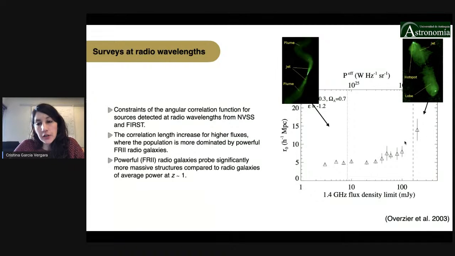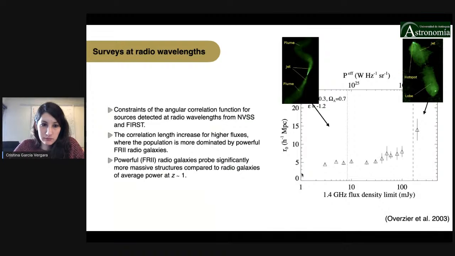Then the interpretation of this increase of the correlation function is because here you are more dominated by this kind of radio galaxies, and therefore this means that these powerful radio galaxies, which are called FR2, these are FR1 and this is FR2, just a definition based on how the jets are, should probe much more massive structures compared with the structures probed by this kind of galaxies.